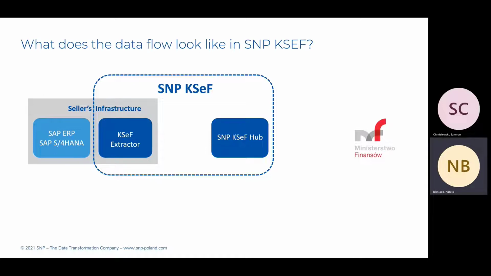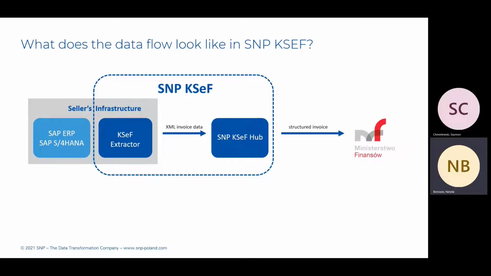In case you are a seller and issue invoices for your customers, after the KSeF Extractor generates the invoice in XML format, it is forwarded to the KSeF Hub. There it is prepared for shipment to KSeF and sent to the KSeF API.